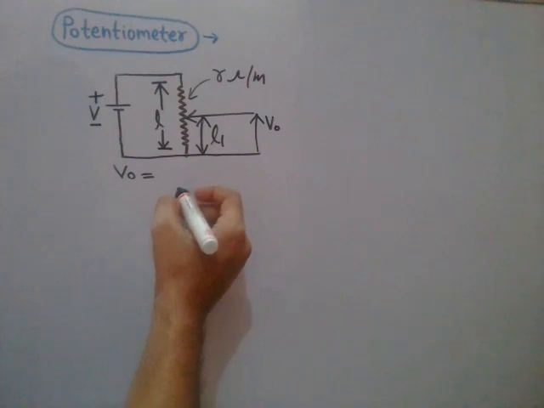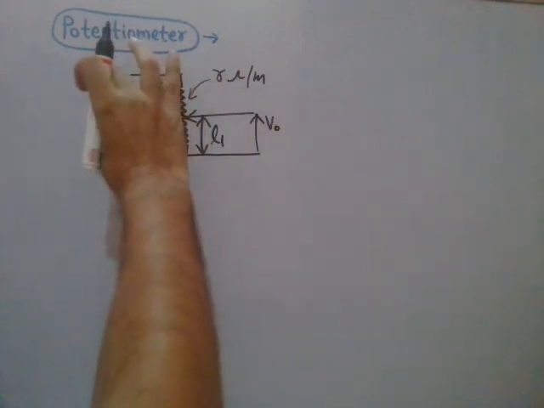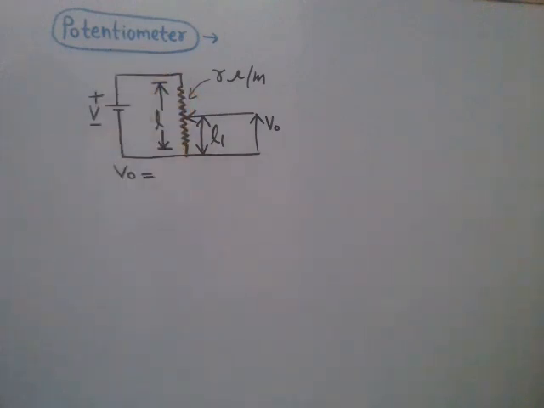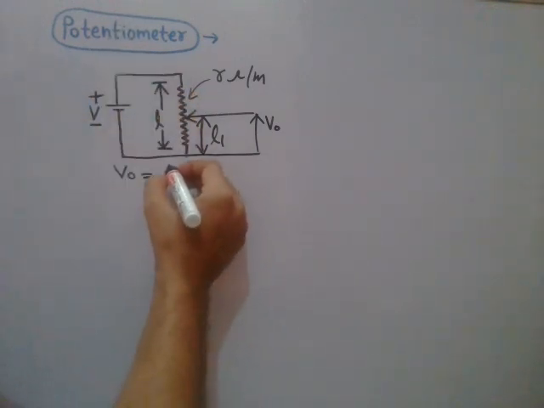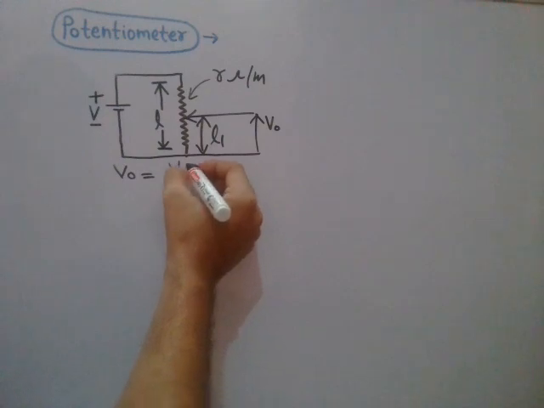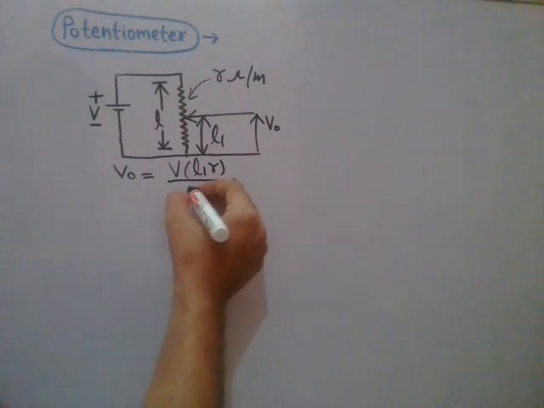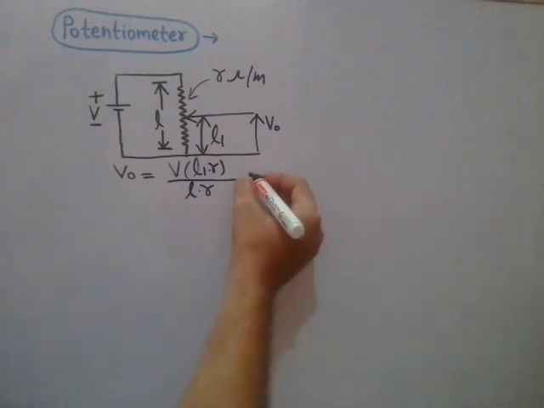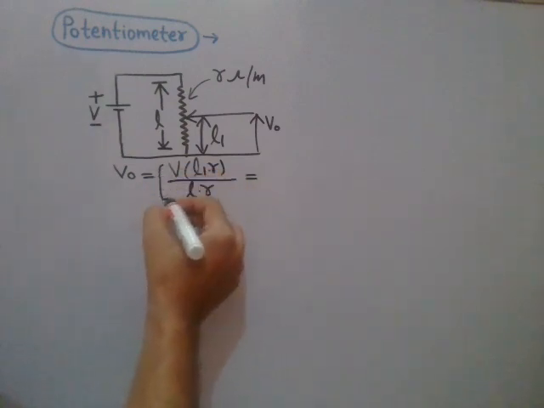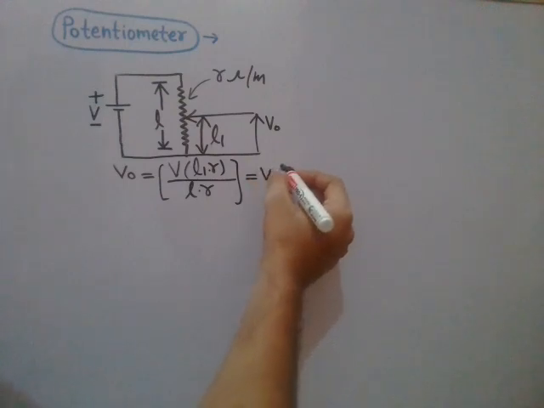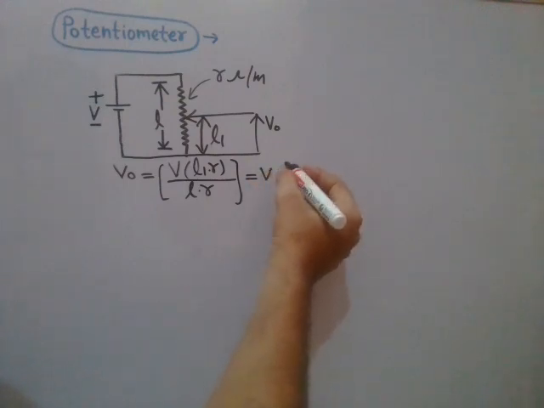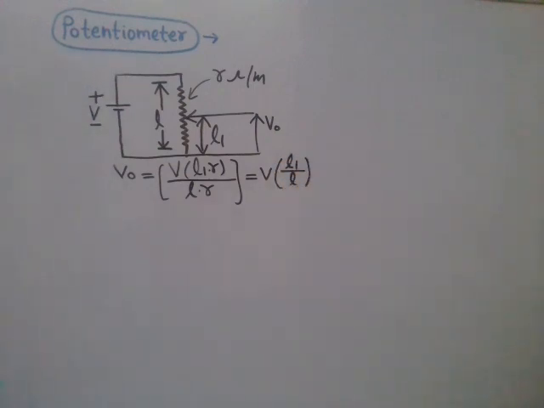So the output voltage V0 will be a fraction of the applied DC voltage V. We write V into L1 into r, divided by L into r. Finally, you get V, the applied DC voltage, into L1 divided by L.